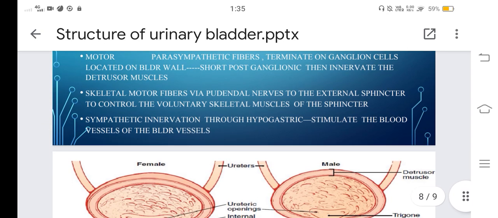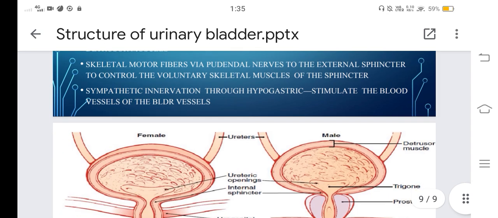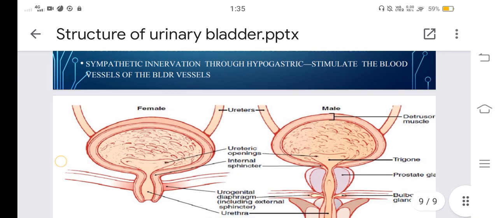Short postganglionic neurons then innervate the detrusor muscles. Skeletal motor fibers go via the pudendal nerves to the external sphincter to control its voluntary skeletal muscles. Then sympathetic innervation through the hypogastric nerves stimulates the blood vessels of the bladder.